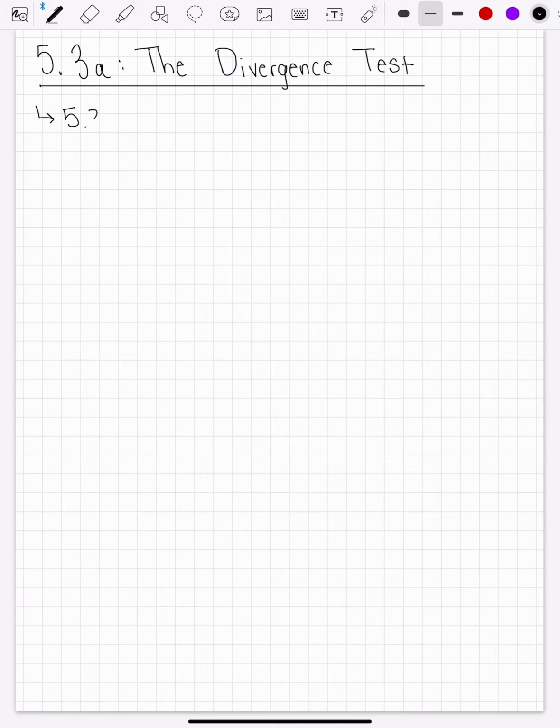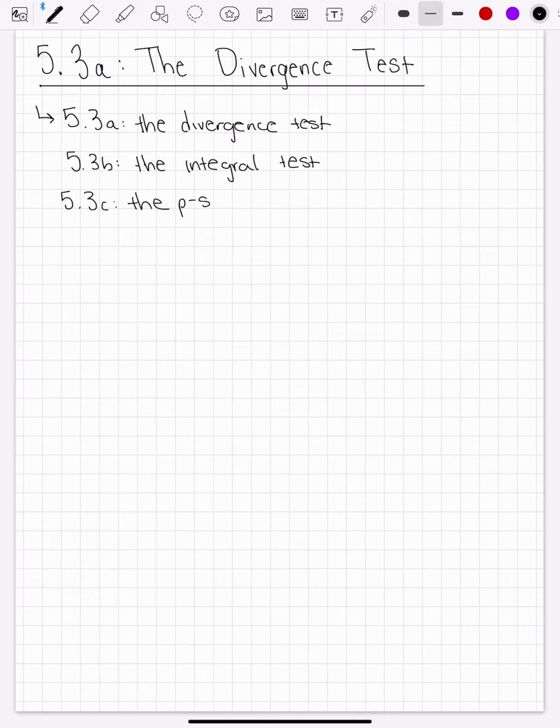So 5.3a will be the divergence test, and then 5.3b will be the integral test, and then lastly we'll talk about p-series and the p-series test. And these 3 tests for series is what comprises section 5.3.